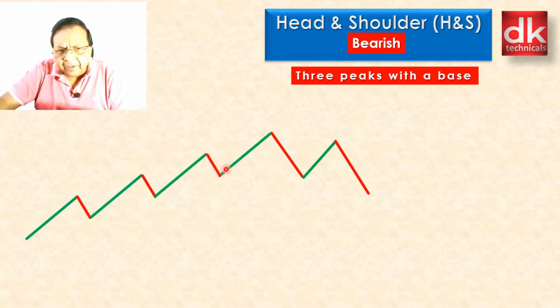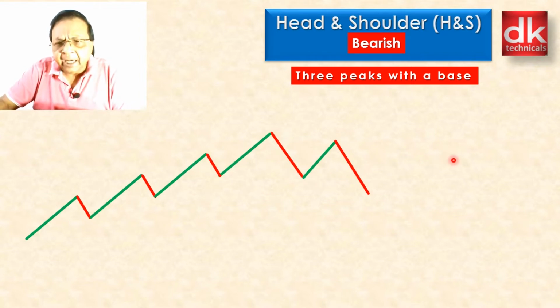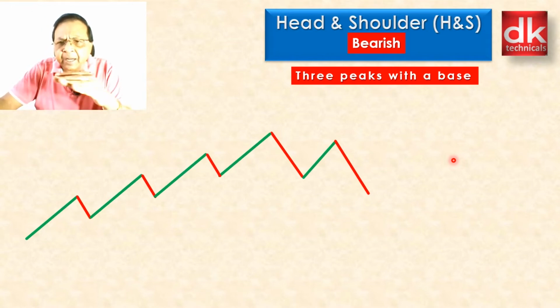If we can identify this point from where the market started rising to form the head, and again the market corrects to this point from where the market rises to form the right shoulder, if we can identify these two points and join them with a straight line, then this is nothing but the neckline of the head and shoulder, and that becomes the reference line.